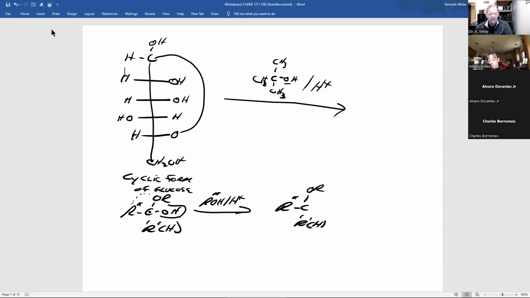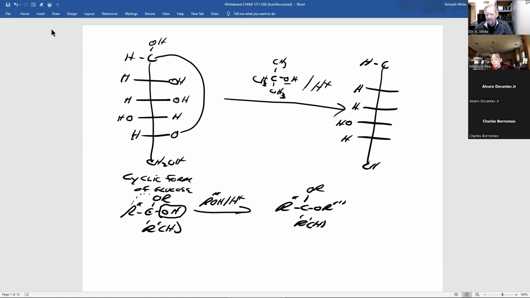The only thing that changes is this becomes this. Therefore, what's not involved in the reaction, I can rewrite. Don't forget this bond, otherwise it's wrong.